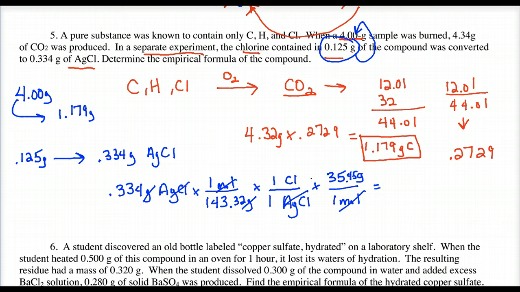Okay, let's go find that value. So 0.334 divided by 143.32, times 1 divided by 1, times 35.45, is 0.08261.